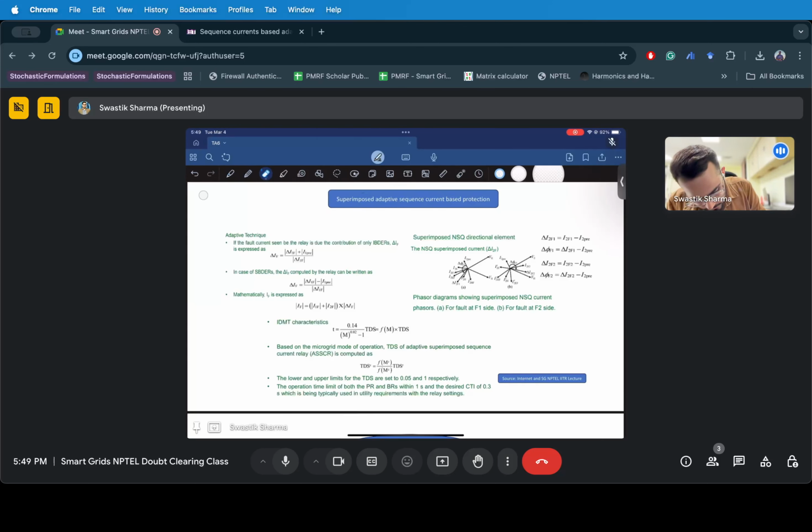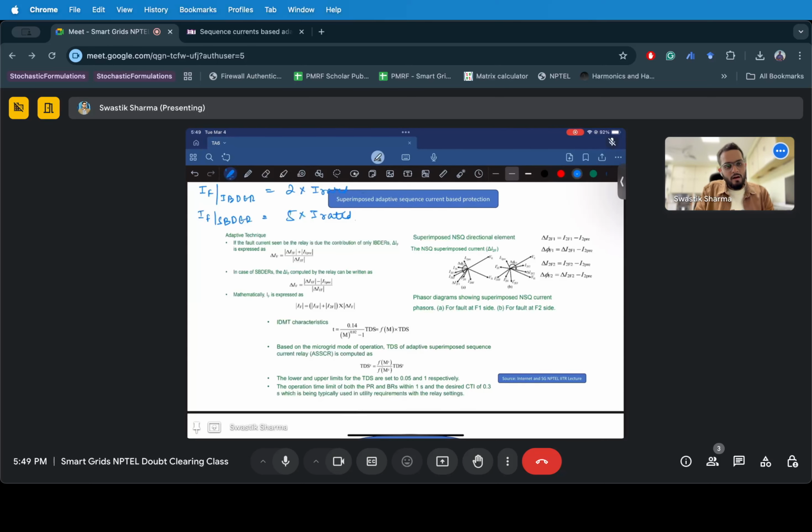I have already told you, the fault current coming from inverter-based DER is limited to twice its rated current, and the fault current coming from the synchronous-based DER is about 5 times its rated current, right? So now you see both of them contribute differently for the same fault current, right?